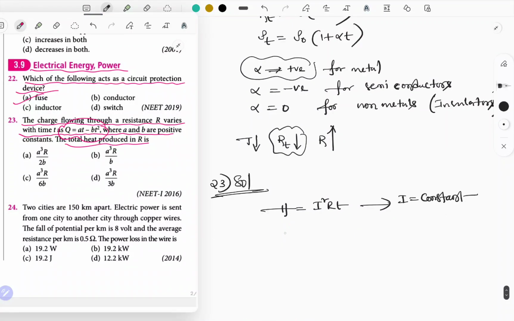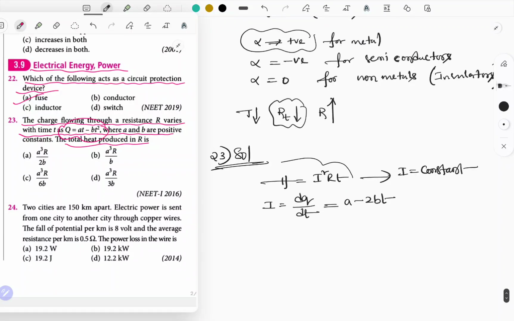Charge is variable. First of all, let me calculate the current flowing through it. I is equal to dq by dt, which is equal to, if you differentiate, we are going to get a minus 2bt. Okay, so is current constant or variable here? Variable. So this formula is not applicable. If current is variable, the formula is integration of I square R dt.